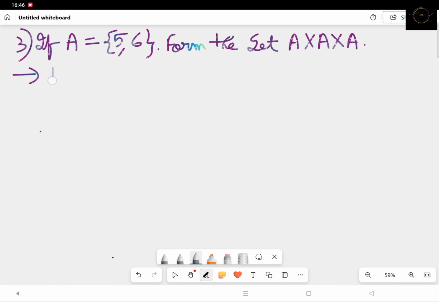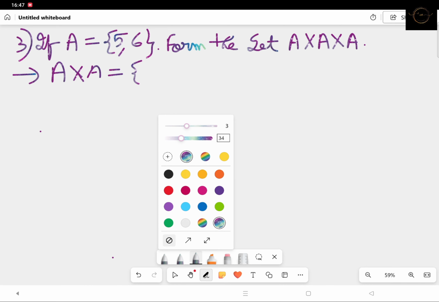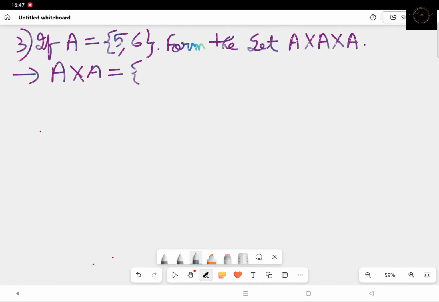So what about A into A? That means the Cartesian product of set A with its own self. So that's equal to 5, 6 into 5, 6. You have to find the Cartesian product of 5, 6.